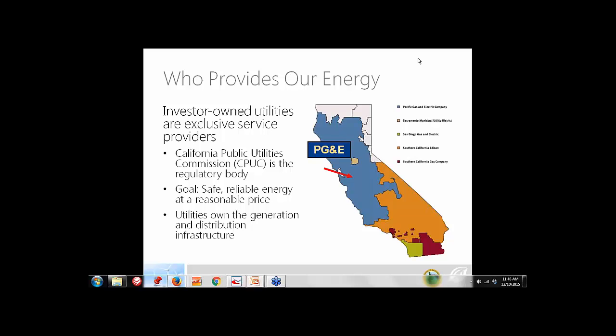So what that means is all the lines and transfer stations and even the power generating stations in their territory are owned by PG&E, and their major goal is to provide safe and reliable energy at a reasonable price. You can go to the next slide.